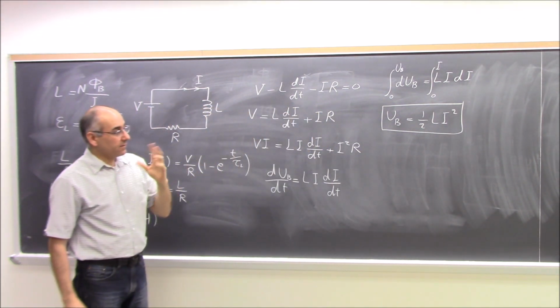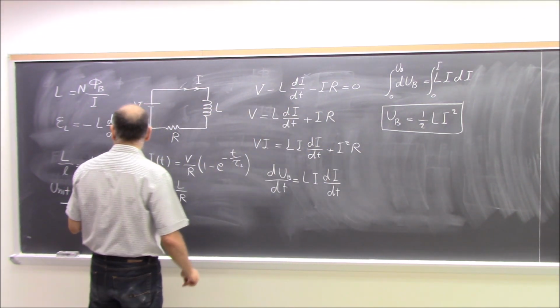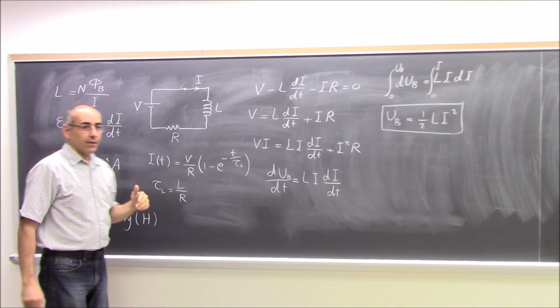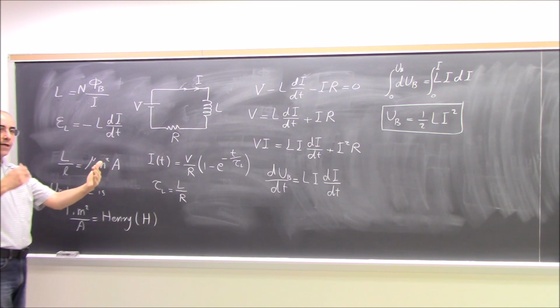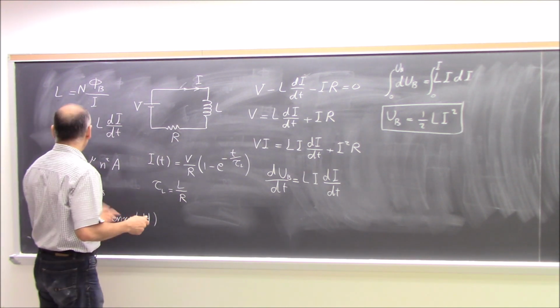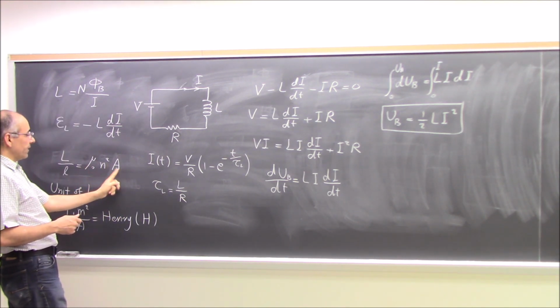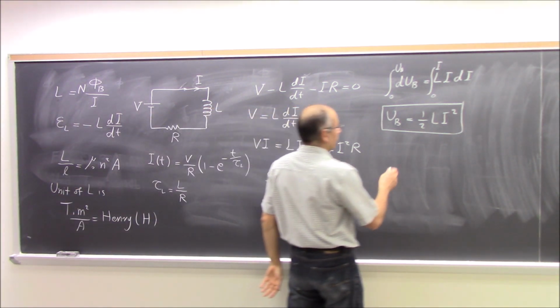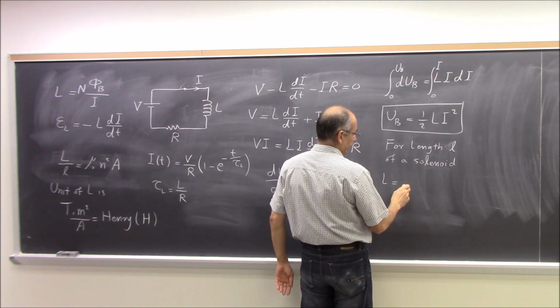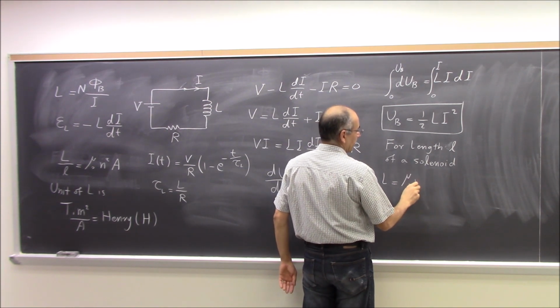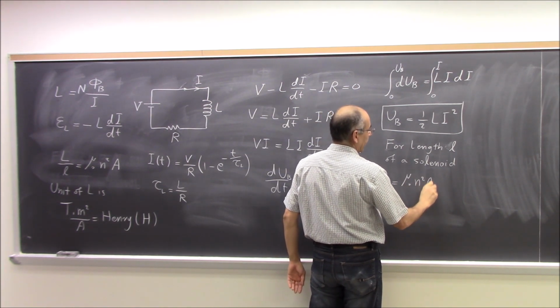So let's look at a solenoid. And we know L is this for the solenoid. For length l of solenoid, we can say L is mu naught n squared A times l, right?